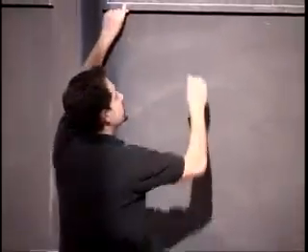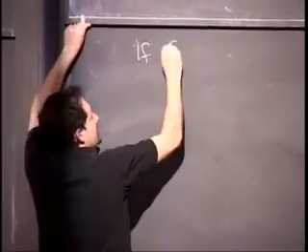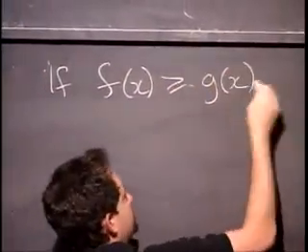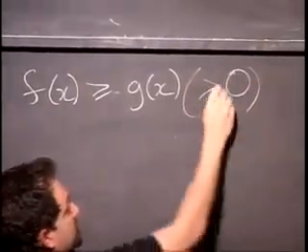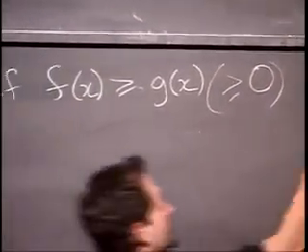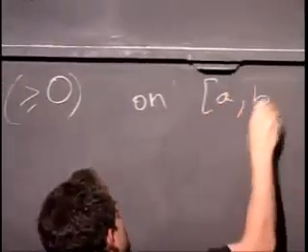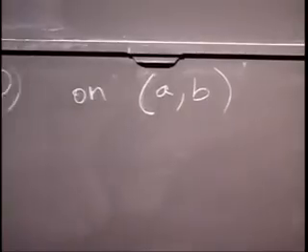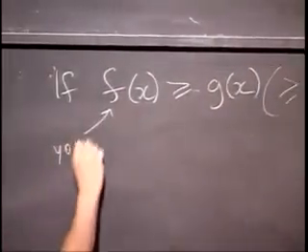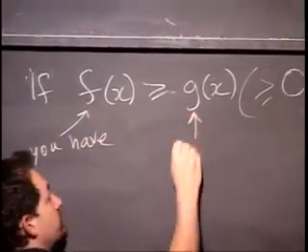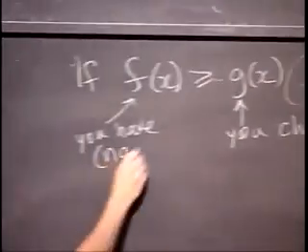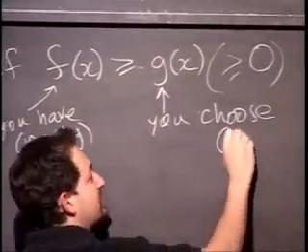So basically, the statement of the test, at least in this form, is: if f of x is always bigger than or equal to g of x, and in fact everything is positive, or at least non-negative, on [a, b], this is what you have, and this is what you choose. And let's think of this as nasty. You have a nasty thing, and you choose something nicer.